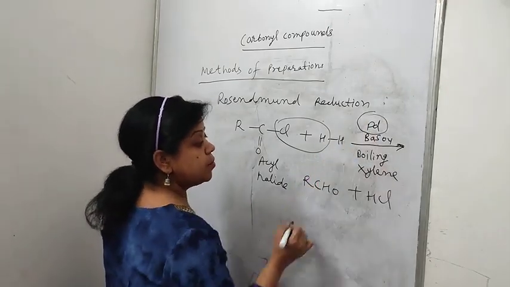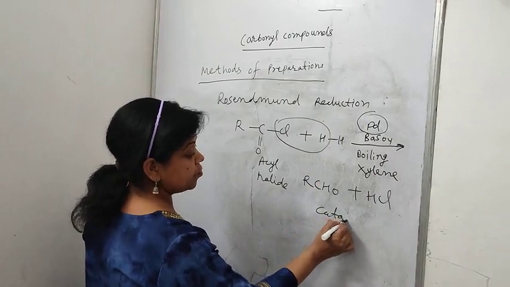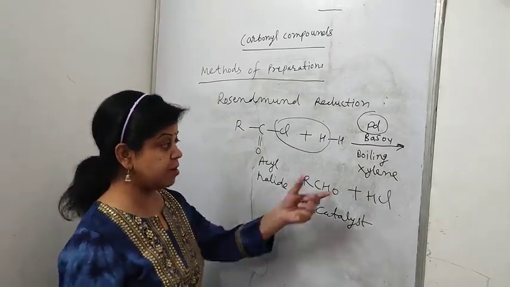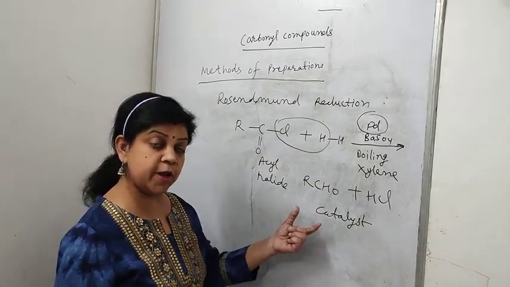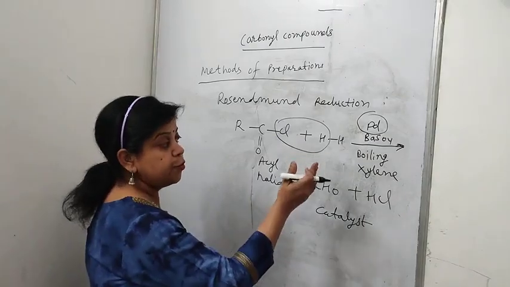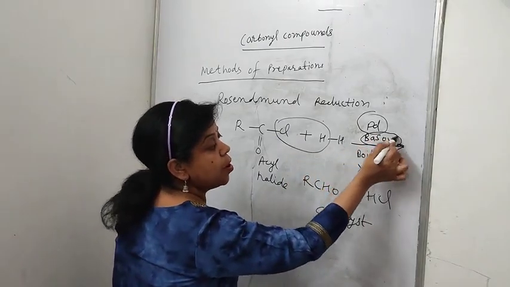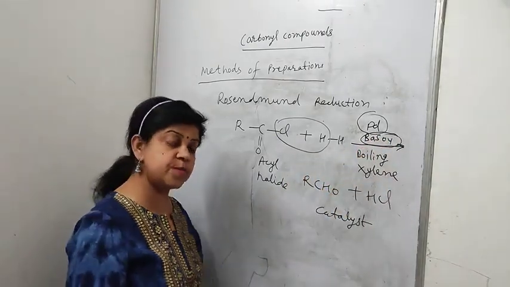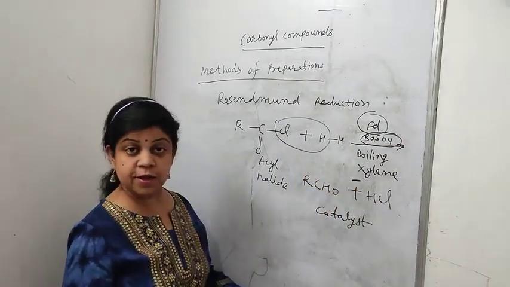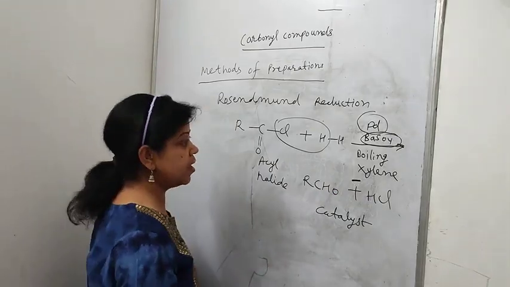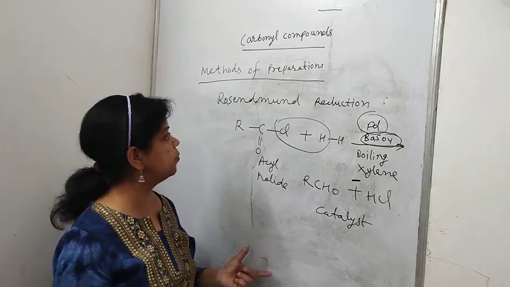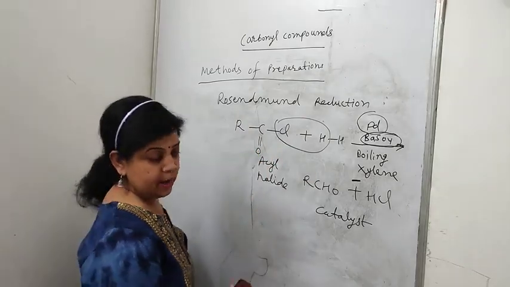Here palladium is used as catalyst, and for stopping the reaction at the aldehyde stage, otherwise it will convert into alcohol, we have to use some catalytic poison. Here we have used barium sulfate for this purpose, and boiling xylene acts as the reducing agent. So this is another important method for preparing our aldehyde.